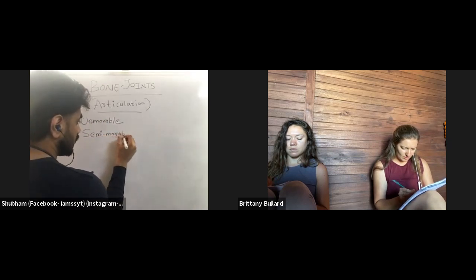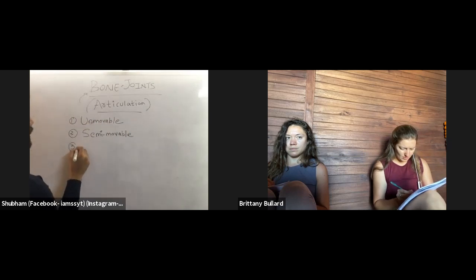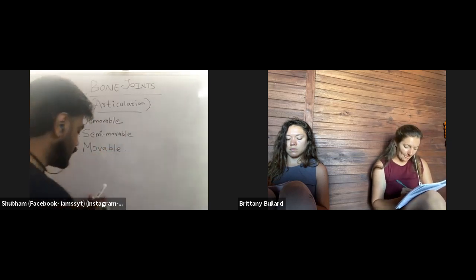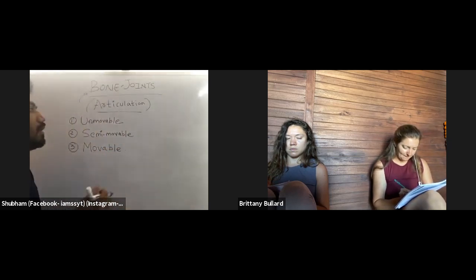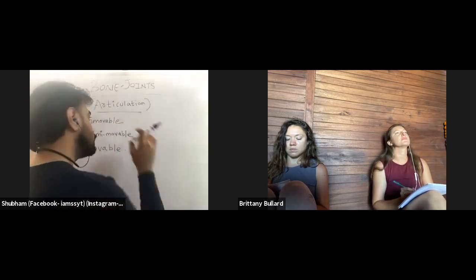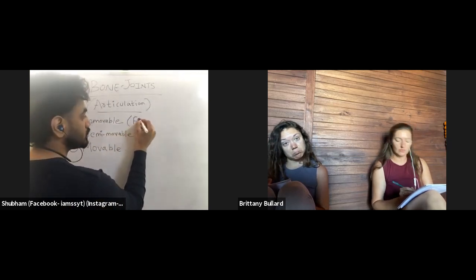These are simple terms which will help you remember. And the third one is movable bone joints. Unmovable bone joints are our fibrous bone joints.